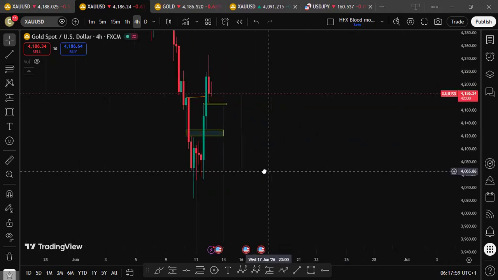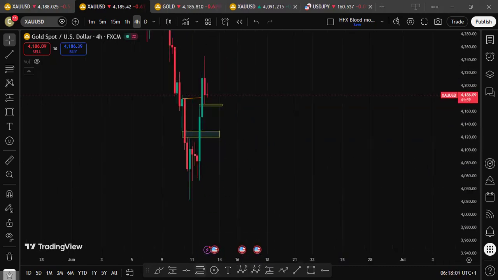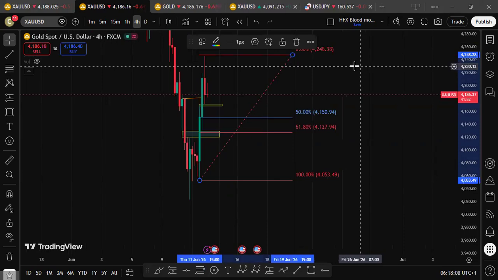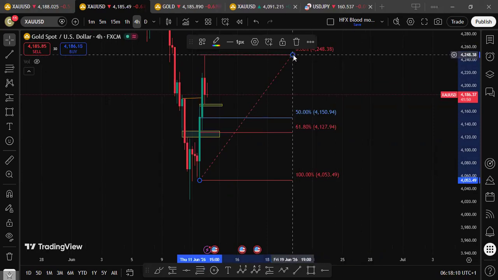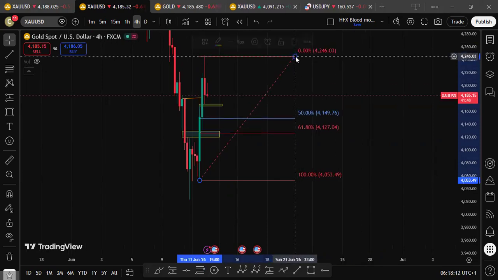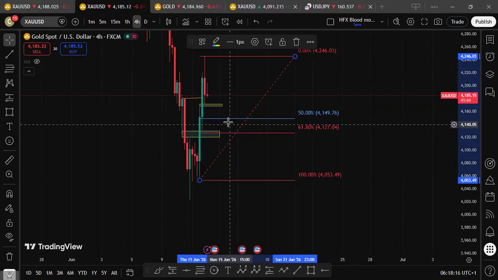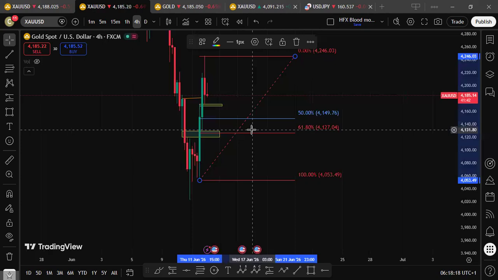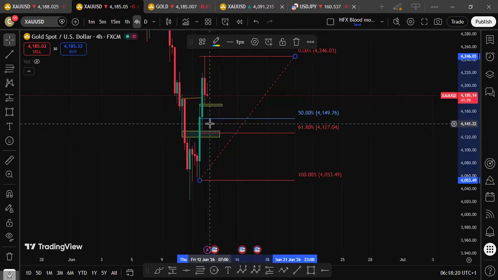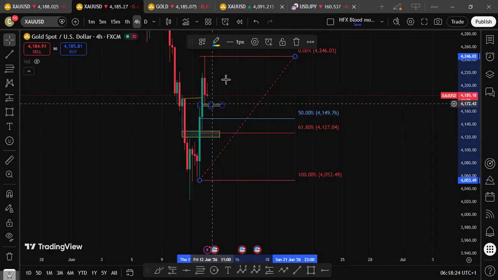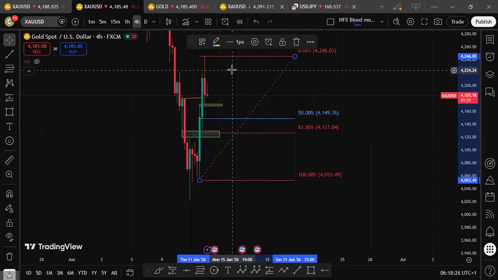And also, I always plot this all day, every day, right? So now look at this. Now this is very, very interesting. If I'm interested in taking any buy in this very market here, I will expect it to break 4149. So taking a buy here is even premature, right?